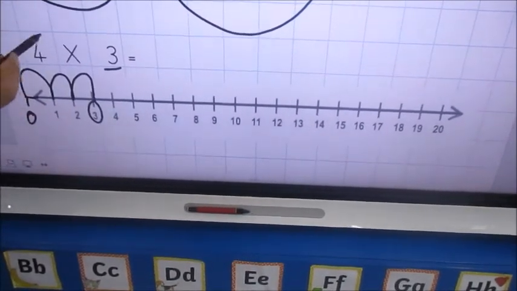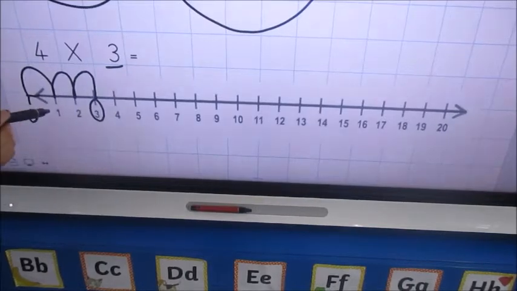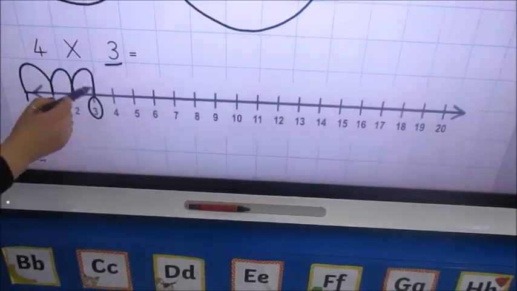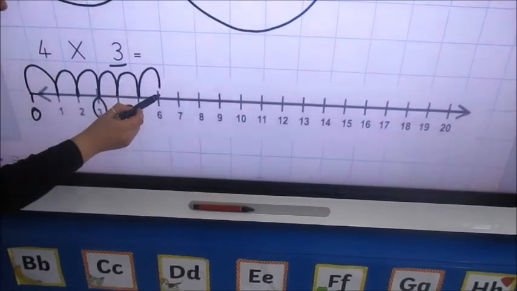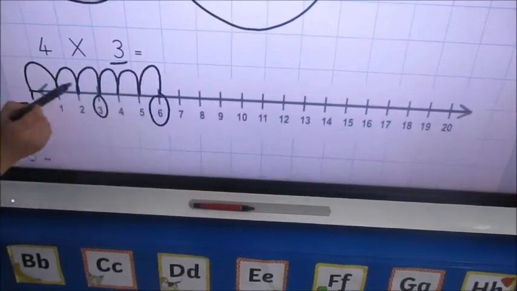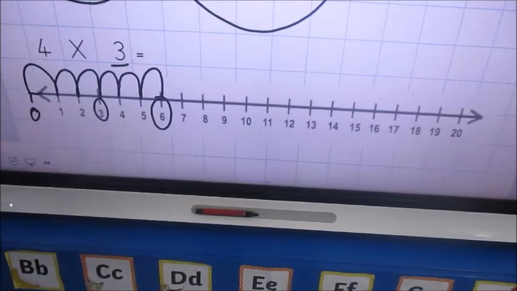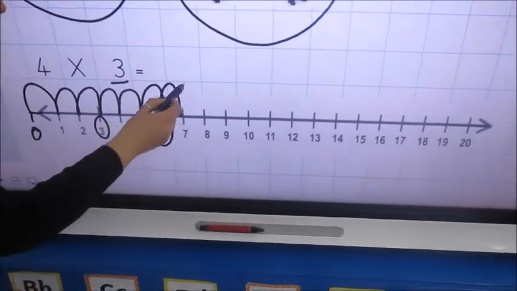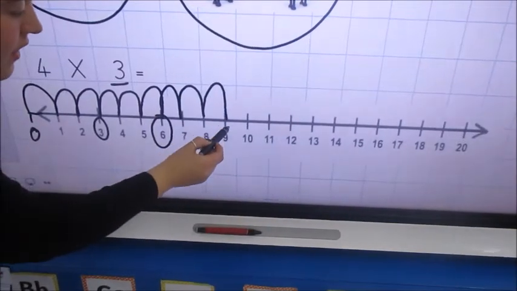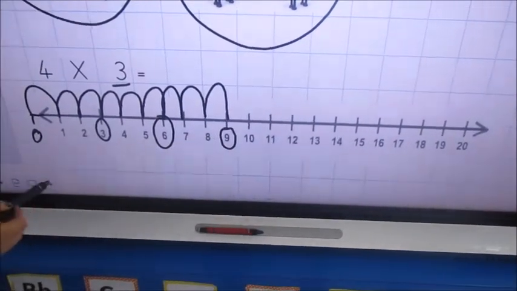But I need to do 4 lots of 3. So I'm going to do another 3 jumps. 1, 2, 3. What number have I landed on there? 6. So I need to do another 3 jumps. 1, 2, 3. And I've landed on number 9.